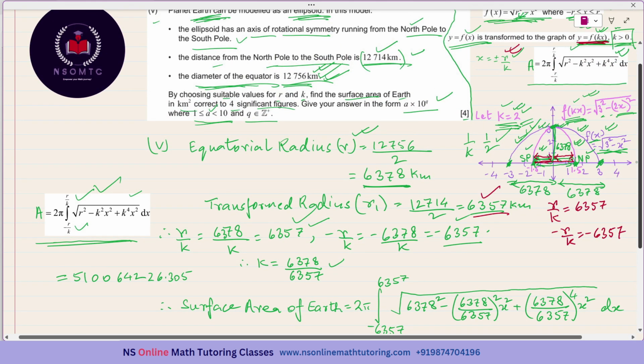Fine. And what are they asking for? Surface area of the Earth in kilometers square, correct to 4 significant figures.